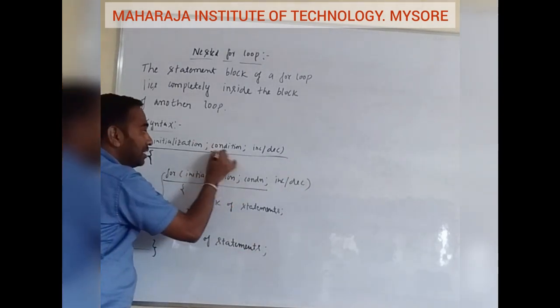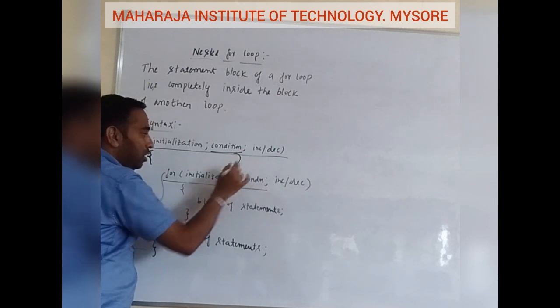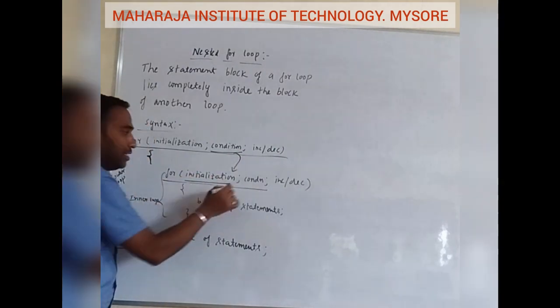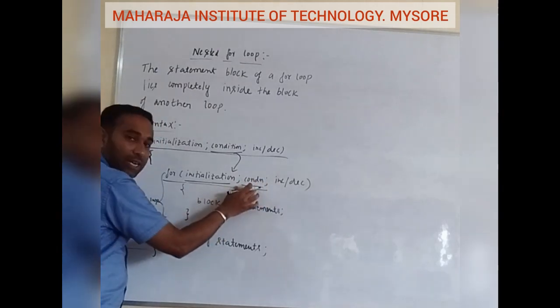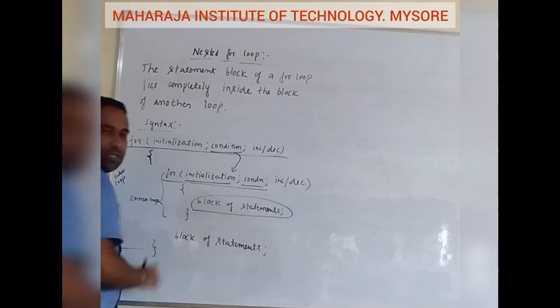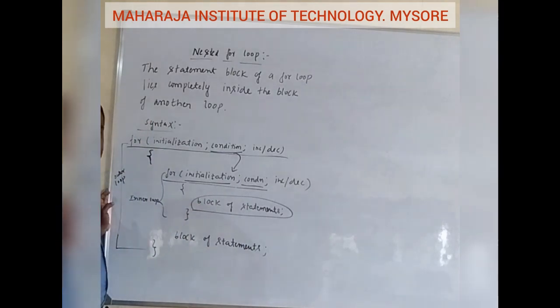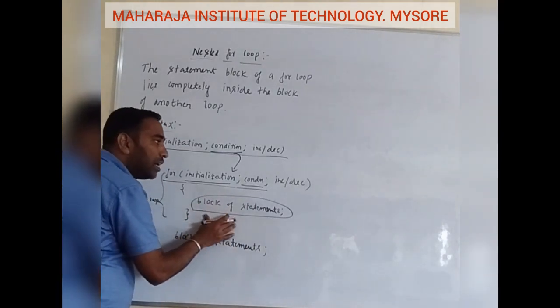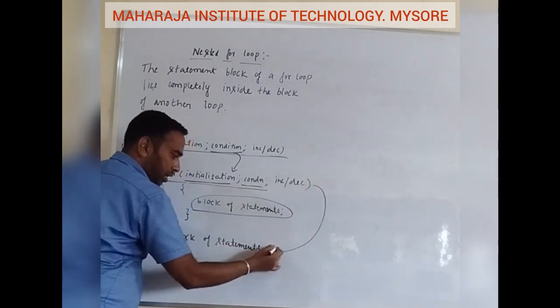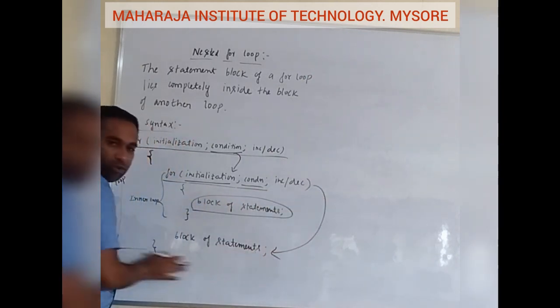If this condition is satisfied, then it will enter into this for loop. Then it will initialize one more value, then check the condition. If this condition is satisfied, then it will print this block of statements. If the condition fails, then it will come out of the loop and execute this block of statements.